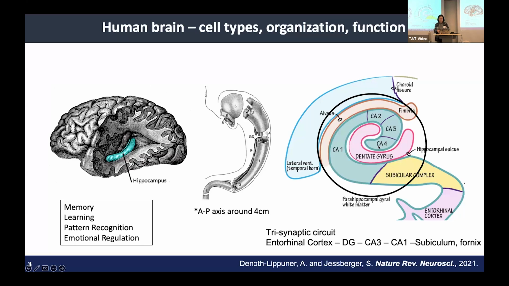The CA regions, CA4, CA3, CA2, CA1, have different inhibitory or excitatory neurons that receive information from the dentate gyrus, and then connect and project to different regions of the brain for signal relay. A very unique circuitry in the hippocampus is called the trisynaptic circuitry, where information comes from the entorhinal cortex here in purple, and then goes to the dentate gyrus in pink as the commanding center.